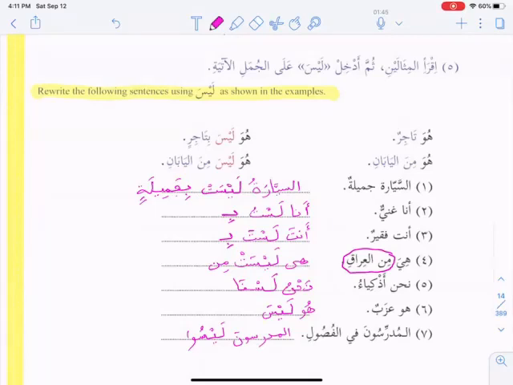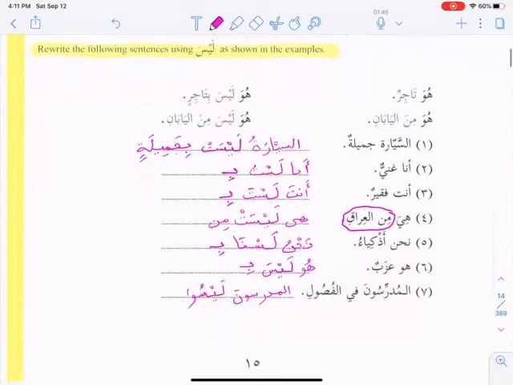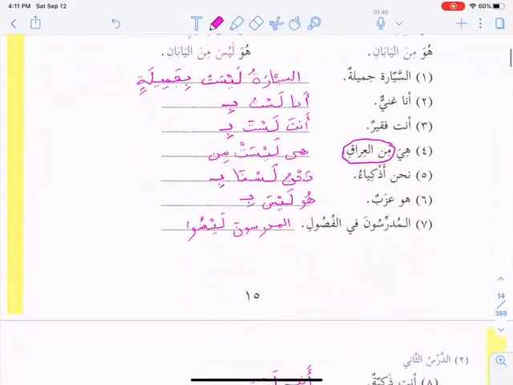Nahnu lasna bi askiya'i. Huwa azabun. He is a bachelor. Huwa laisa bi azabin. Al-mudarisuna fil fusuli. Al-mudarisuna laysu fil. You don't have to use B here because fee is here, then you don't use it.